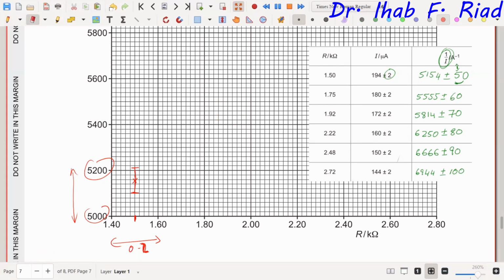Now, the other one, 1.75. It is 7.5 steps from 5,000.